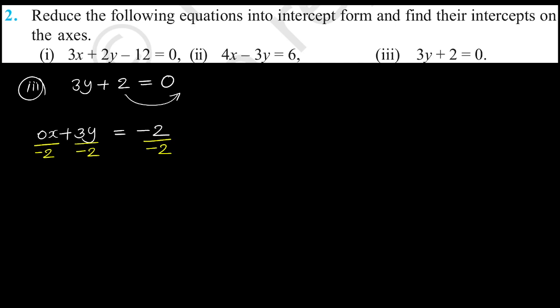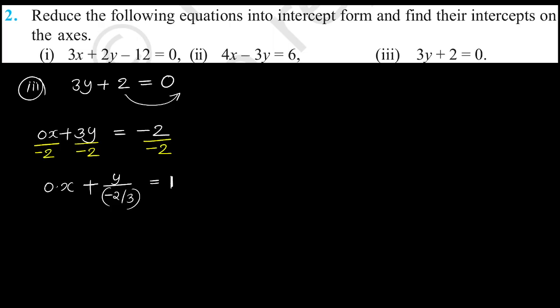0 by minus 2 will be 0 itself. And this one, you may take 3 to the denominator side. Y by minus 2 by 3 equals 1. With some adjustment, we can write the intercept form, but that is not the correct value.